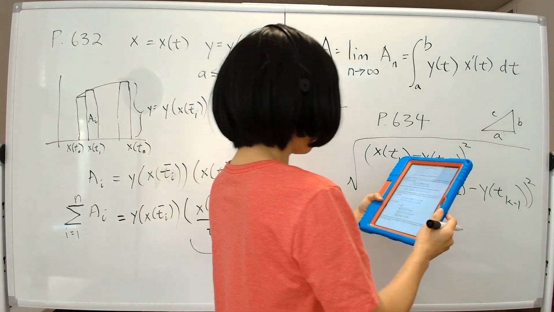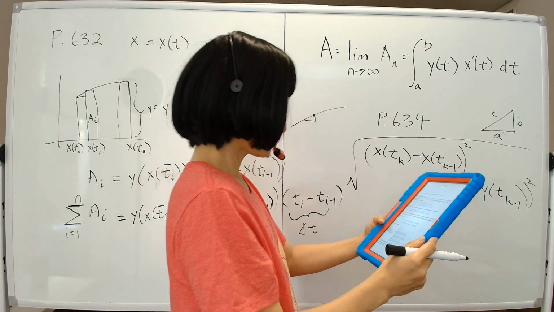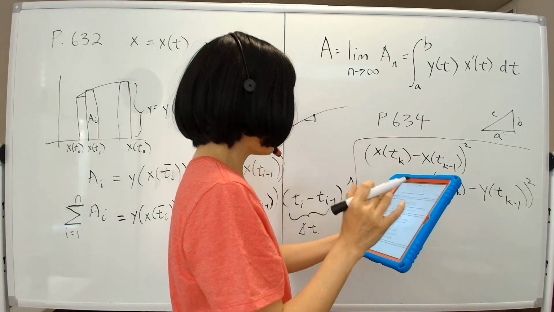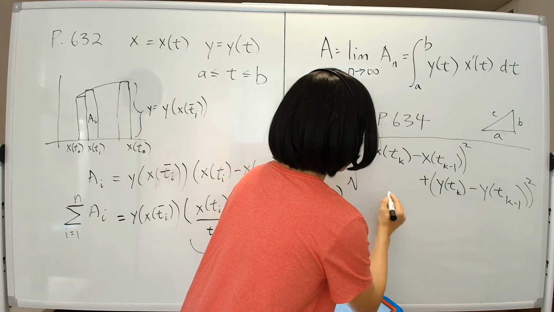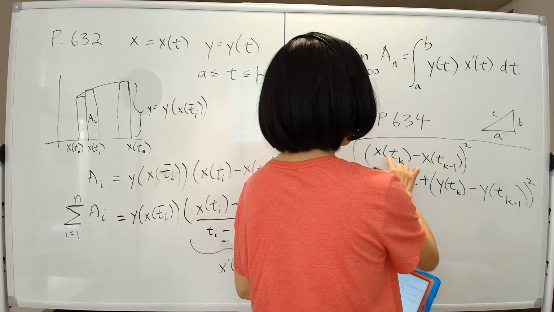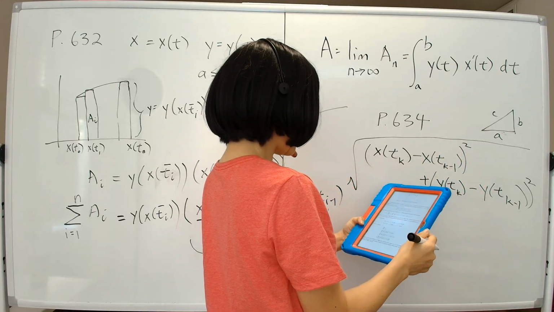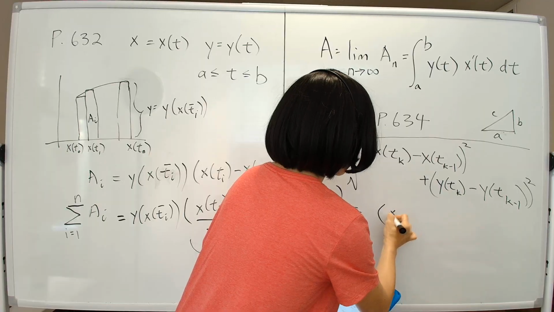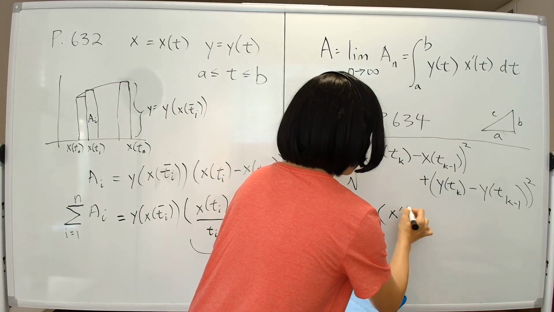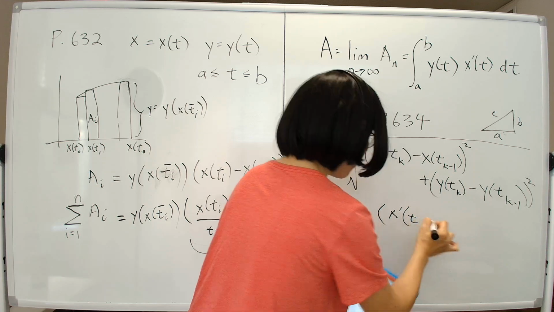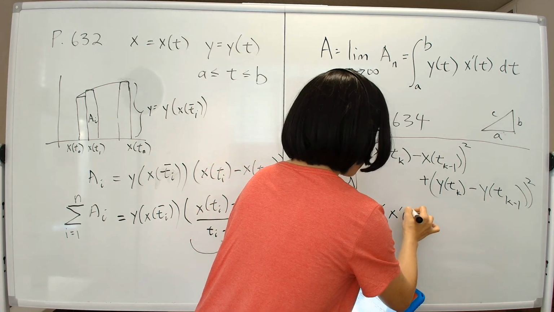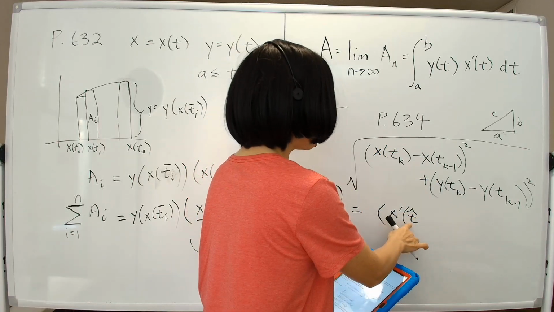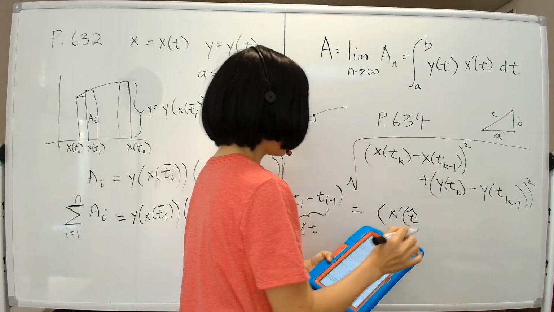At this point, however, we are going to apply the mean value theorem, where this difference right here, x of t_k minus x of t_{k-1}, is, by the mean value theorem, equal to x prime, the derivative, at some point of t between t_k and t_{k-1}.